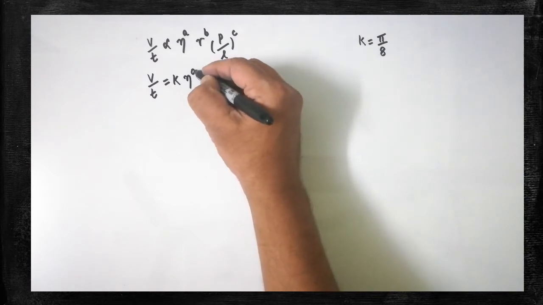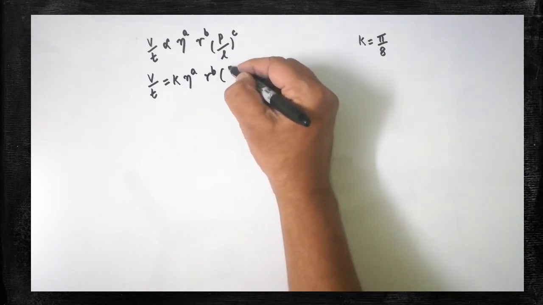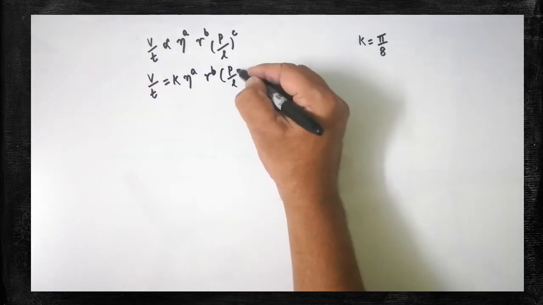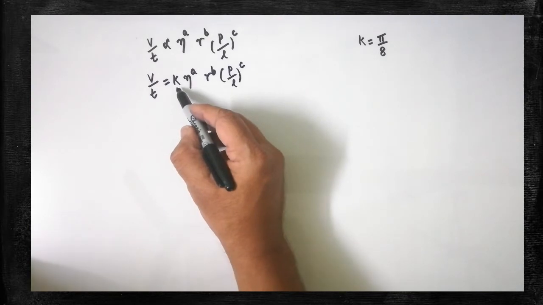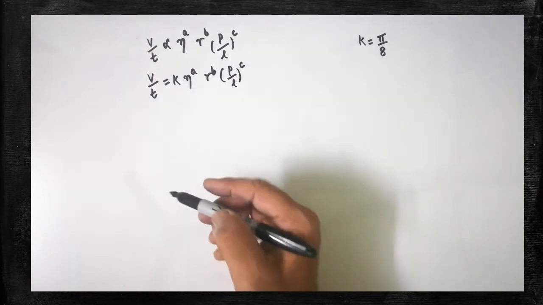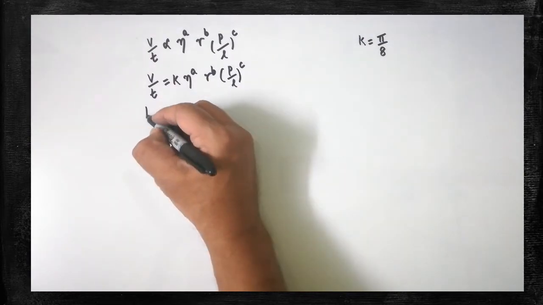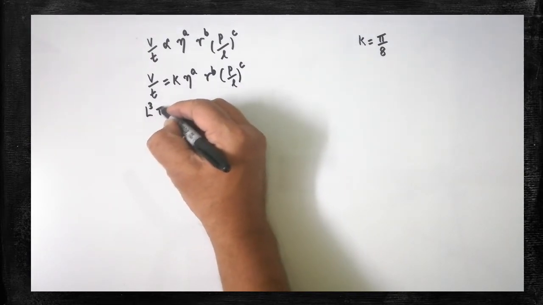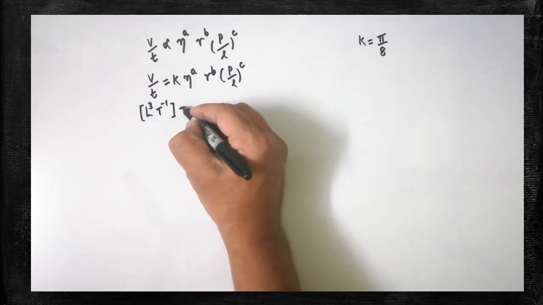Eta power of A, R power of B, and then P by L, pressure gradient, power of C can be written. Finally, the value of K can be substituted at the end. Understood? So I will substitute the dimensional formula of all the factors. L cube T power of minus 1. This value was already found.